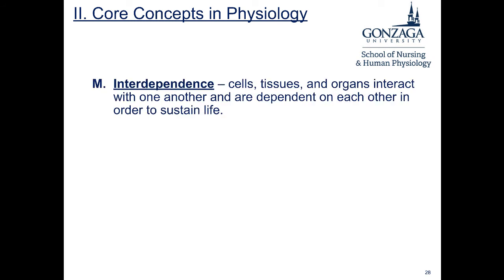Interdependence. I said that physiology is an integrative discipline, so this one applies probably more so in 242. But it is quite an important core concept. Basically the idea here is that cells, tissues, and organs all interact with one another. They're dependent on one another in order to sustain life.